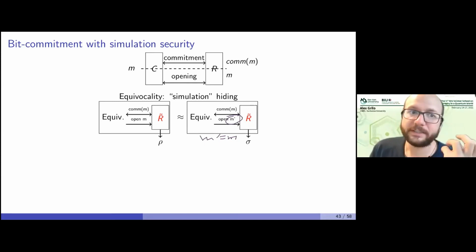For example, this equivocator can rewind this malicious receiver, and this gives the equivocator some leverage to change the message being opened in the second phase.